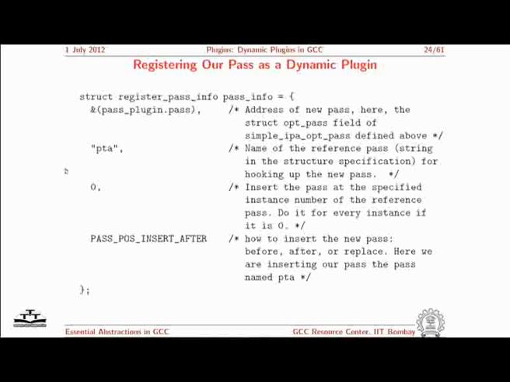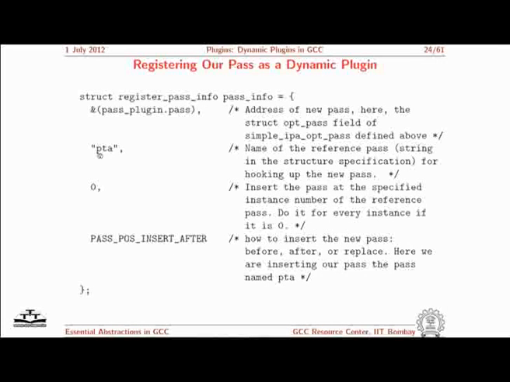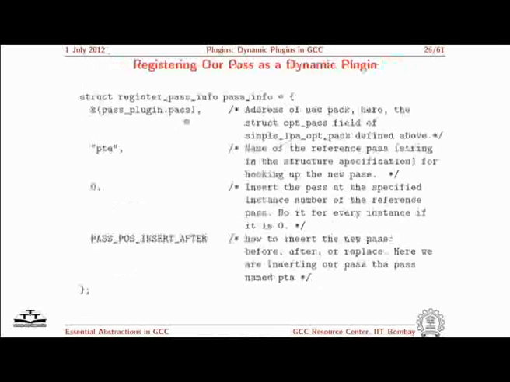And I specify the name of the reference pass. This is a string, such a string like this. So I specify PTA. So please include it, and then I can say insert it after or before. Okay. And then I have to ensure a register callback. In this data structure, I essentially specify the address of this data structure. This is pass info. This is the information of my dynamic plugin.